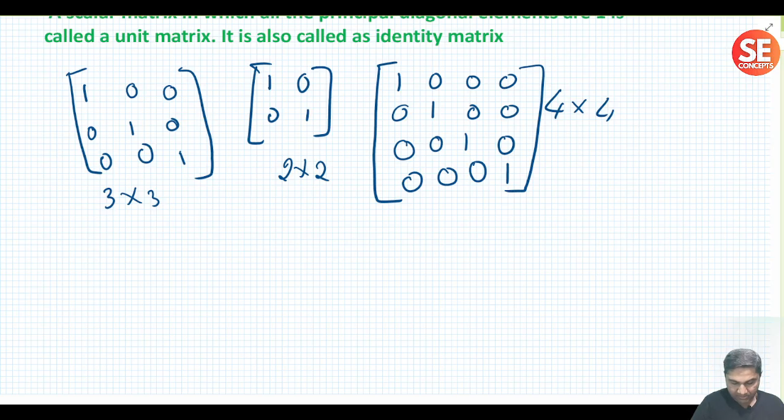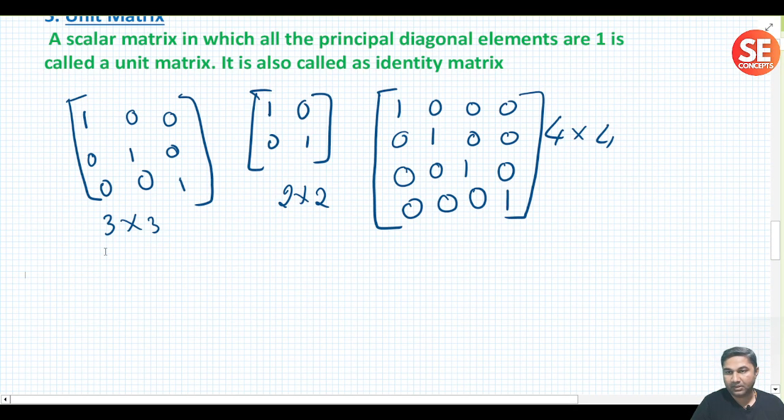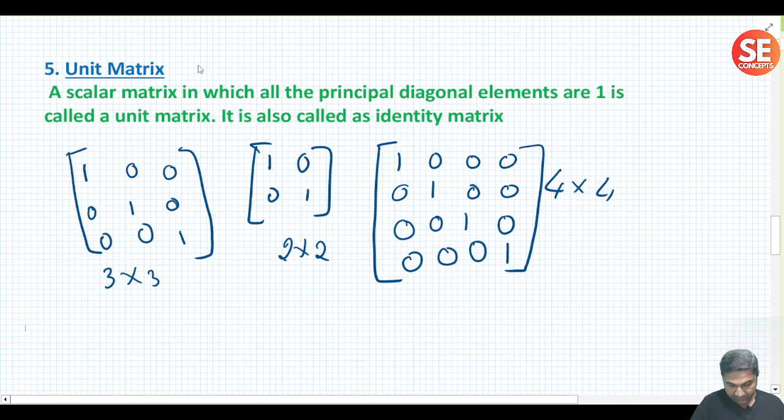Identity is nothing but the unit matrix itself. There is one more name for the unit matrix, which is identity. You can also call it an identity matrix.